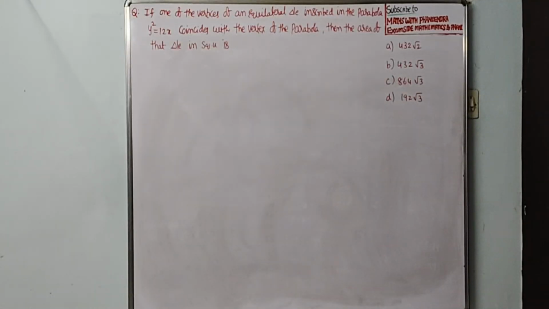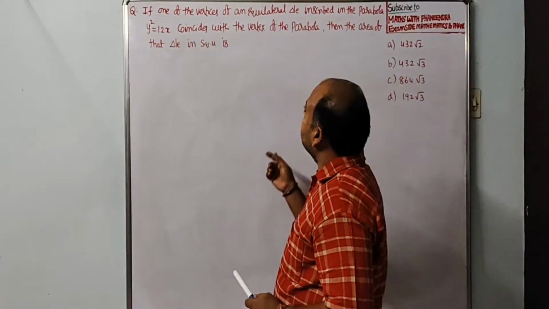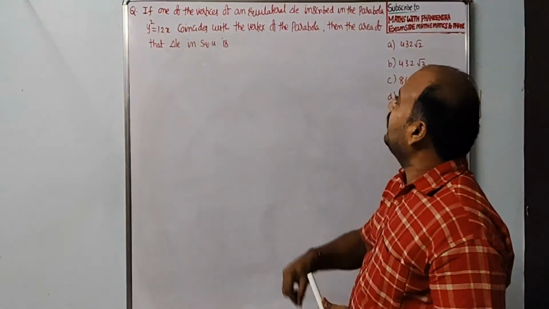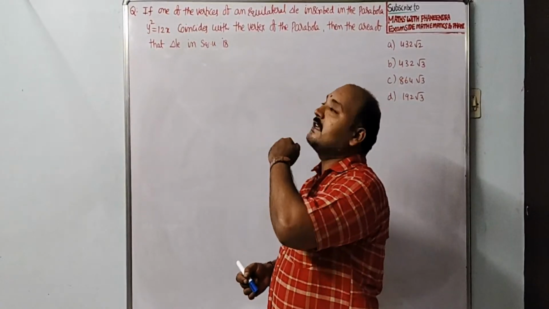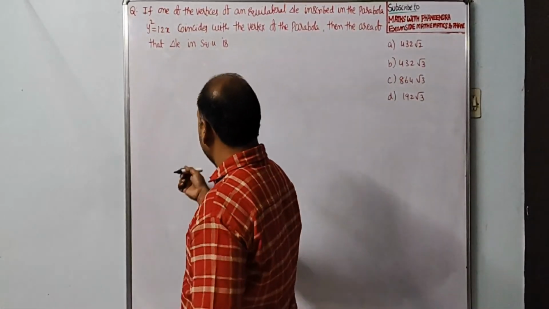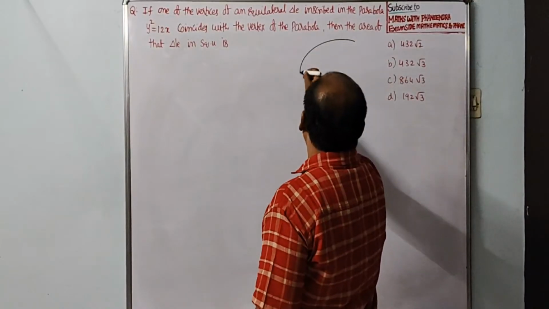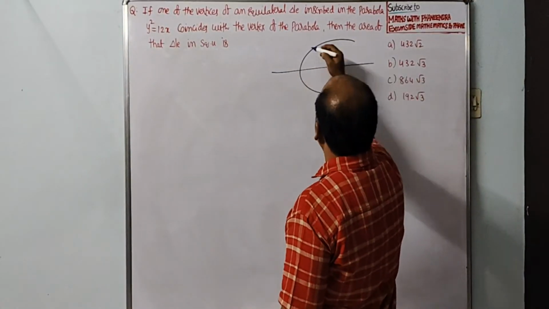So any idea how to solve this problem, dear students? Equilateral triangle they mentioned. One of the vertices of an equilateral triangle inscribed in the parabola y square equals 12x coincides with the vertex of the parabola. See, the figure we are going to draw, the y square is equal to 4x figure is this one.